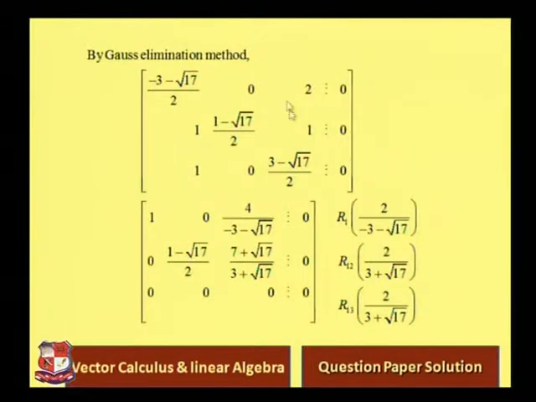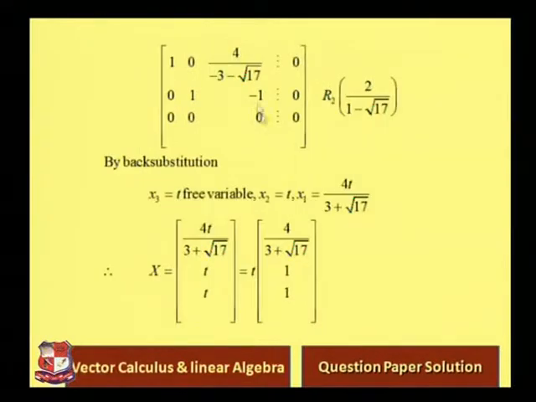Solve this similarly. By using row operations we get this matrix, 1 0 4 minus 3 equal to 0, and here x3 is a free variable because leading ones appear only in the first and second columns. In the third column, the leading one does not exist, and it satisfies the last equation. So x3 is a free variable, and we consider x3 equal to t.